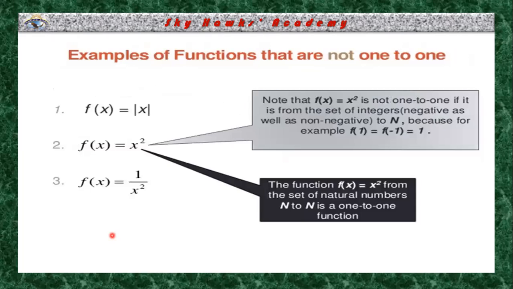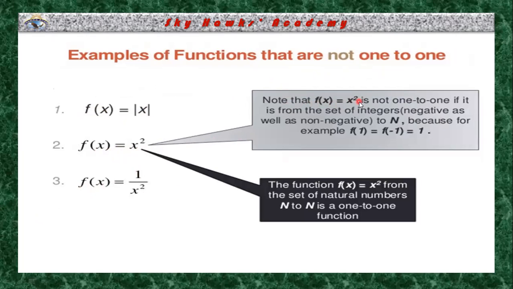So let's see, the next is examples of functions that are not 1 to 1. f(x) equal to the modulus of x, and f(x) is equal to x square. And one more is f(x) equal to 1 over x square.